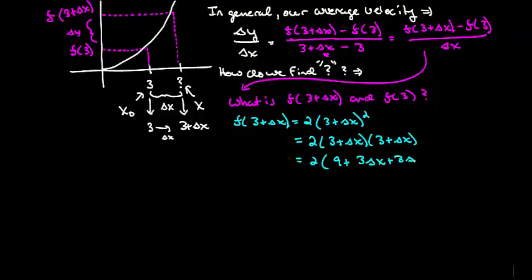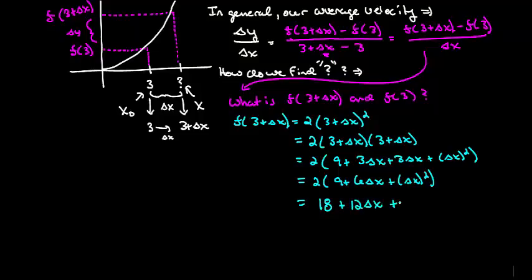So it's 9 plus 3 times delta x plus another 3 times delta x plus delta x times delta x, which is delta x squared. So this is going to be 2 times 9 plus 6 delta x's plus delta x squared. Now we've got 2 times 9, which is 18, plus 12 delta x plus 2 delta x squared.